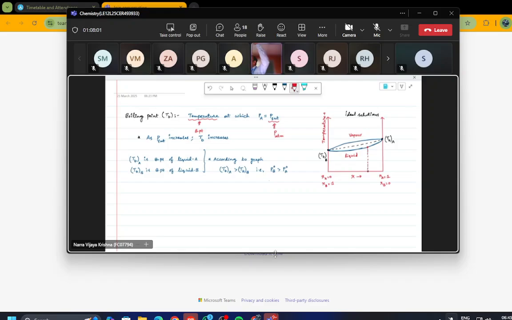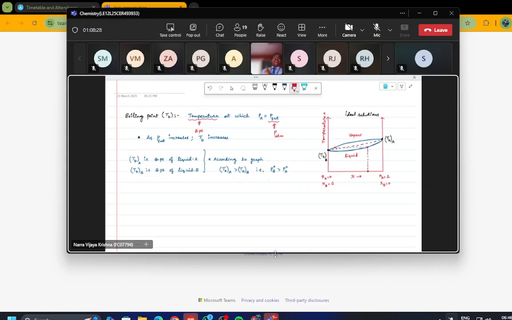Correct? So can I say this is the composition of the vapor which is generated above it?